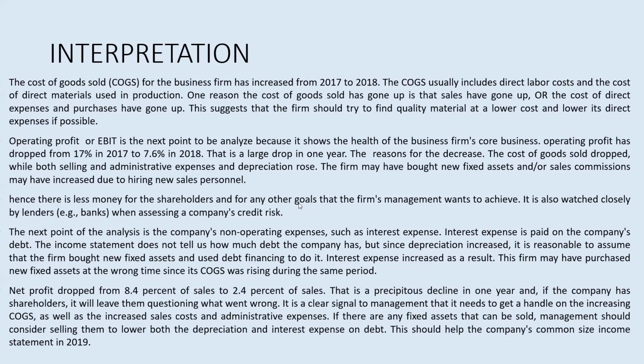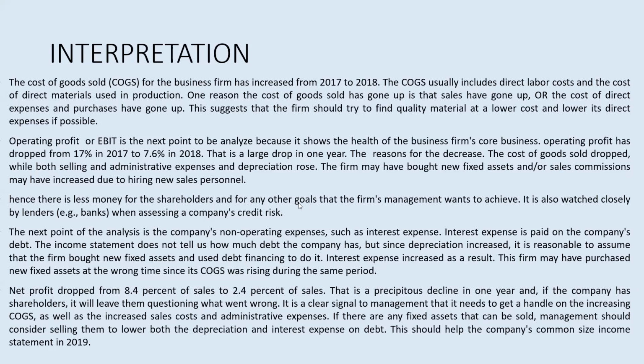The firm's selling and administration as well as depreciation cost may go up. As a result of these costs, the operating profit, or the earning before interest and tax, has decreased. So you have to reason out what the reasons are for this drop.